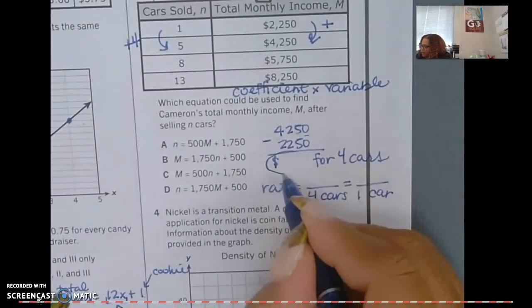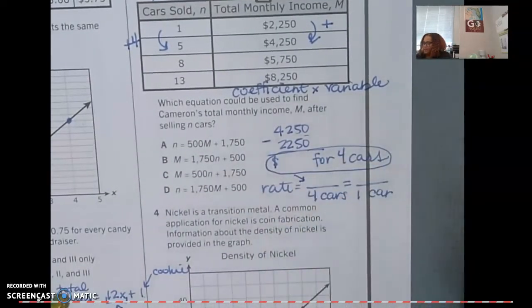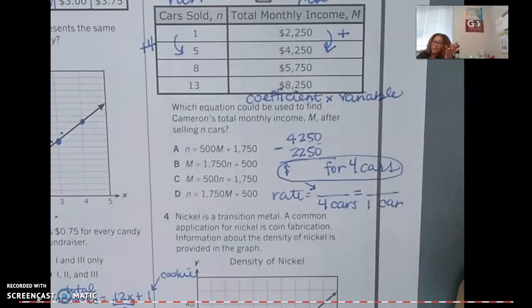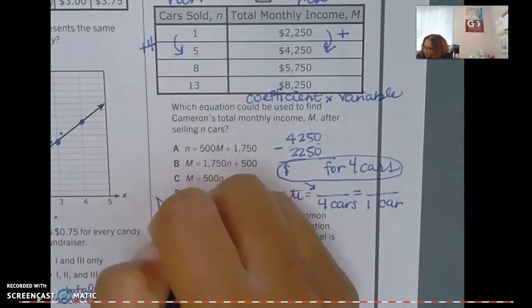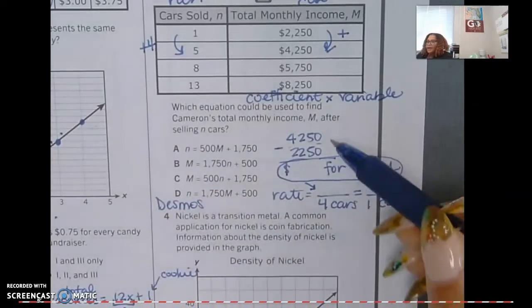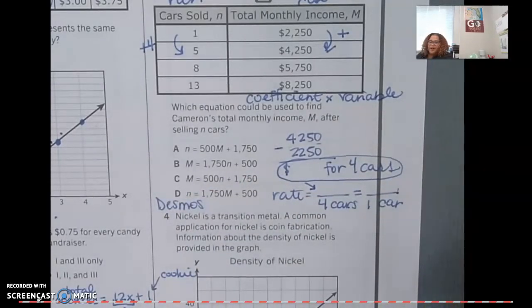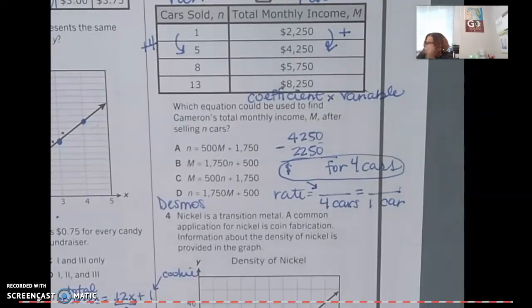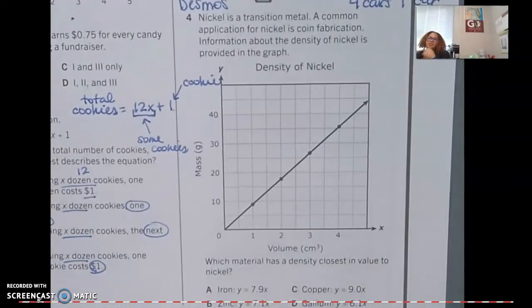This number that you get is going to go in this ratio. If you need help calculating, most likely you're watching my video on YouTube. Go to Desmos and do this divided by this, and then it will simplify the fraction for you to give you the per car rate.